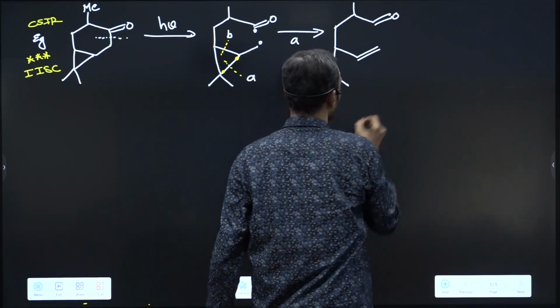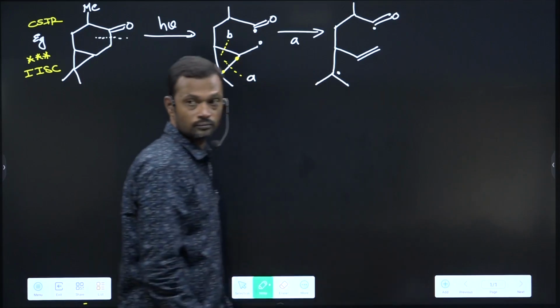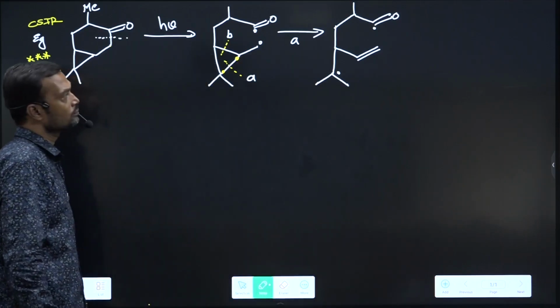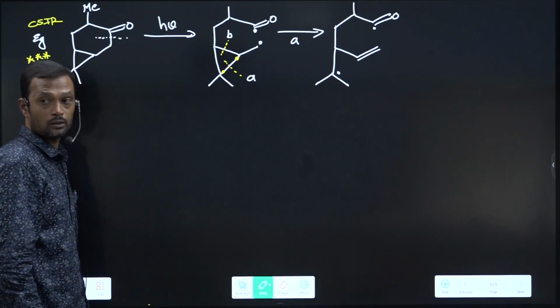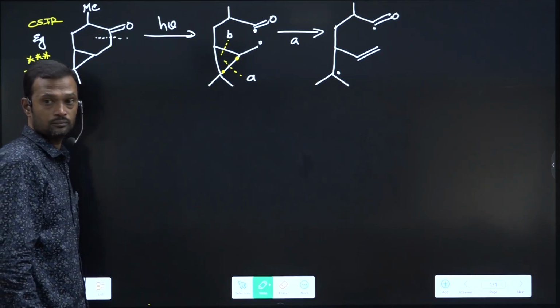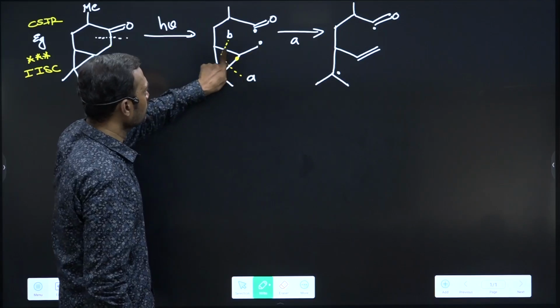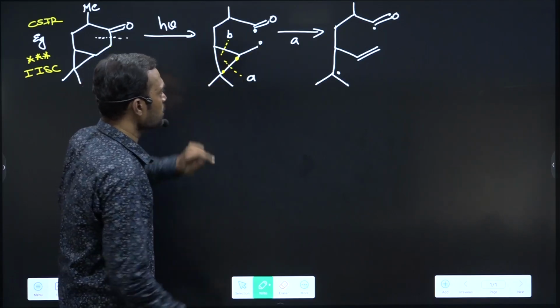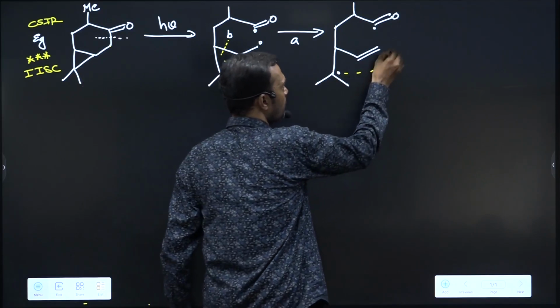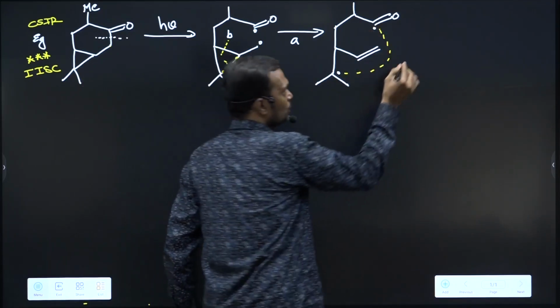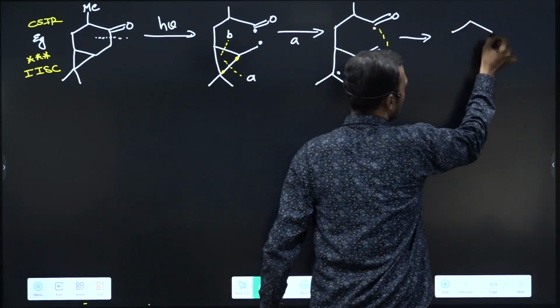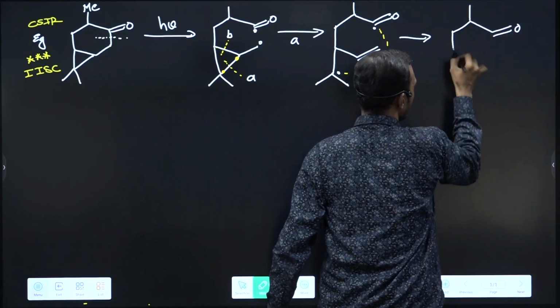Here I can get a radical or not? I am not breaking towards the B side. If I break here, this radical forms a double bond, the single bond is as it is, this radical is present, this radical joins here. So once it is joined, you will get this product.